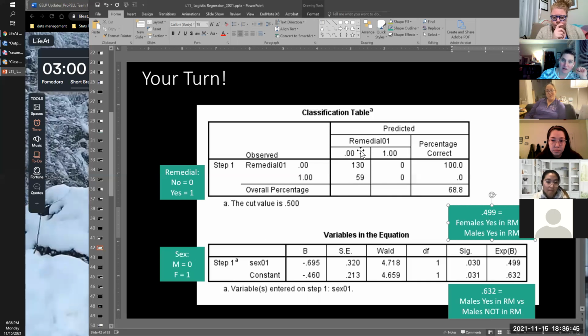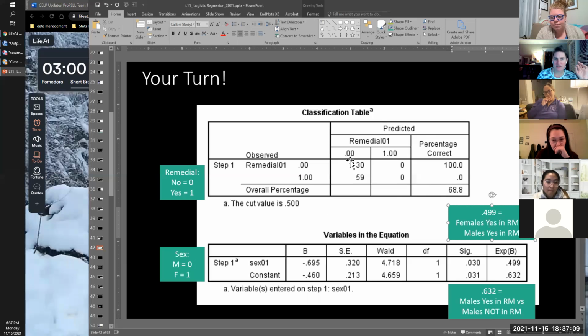So everyone is expected to not be in remedial math, which means our model didn't really do a great job. If you were going to try to use this model in an actual school, you couldn't do it because you would end up with nobody predicted to be in remedial math. You need more predictors in order to figure out where kids should go.